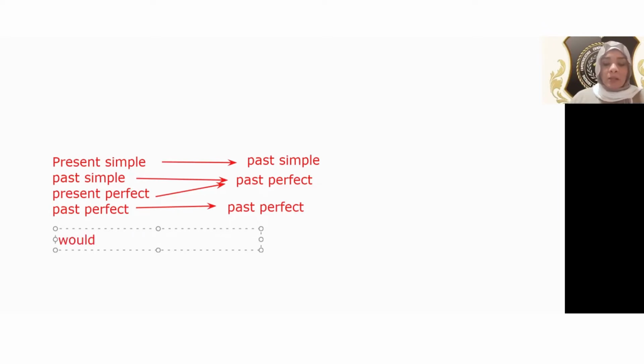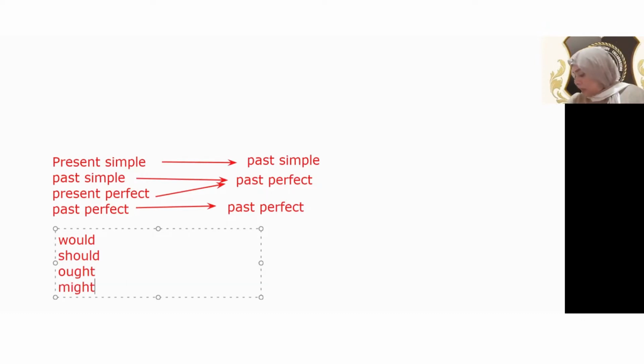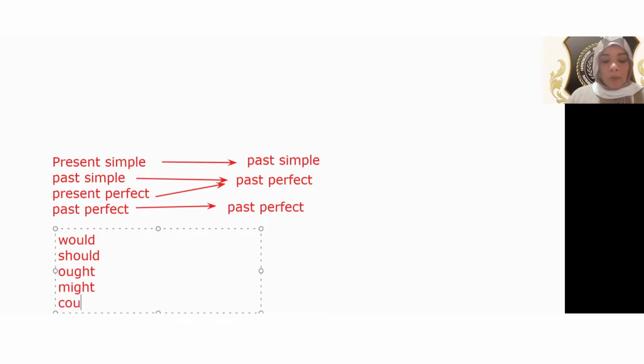Would will be as it is. Should will be as it is. Ought will be as it is. Might also will be as it is, and could. So these auxiliary verbs will not change. If you find would, it will be would in the indirect question.